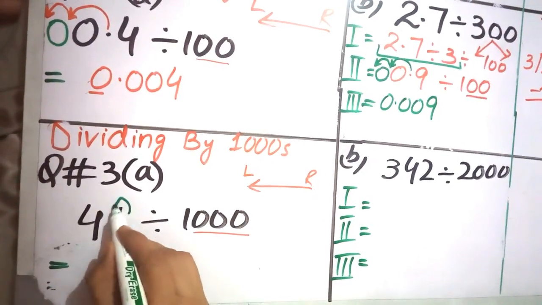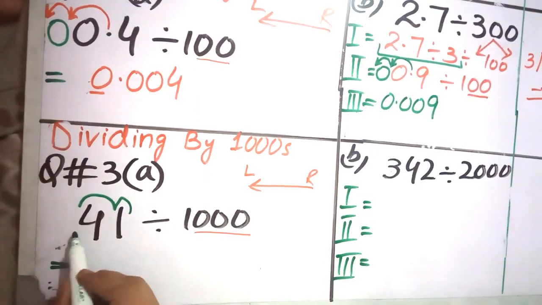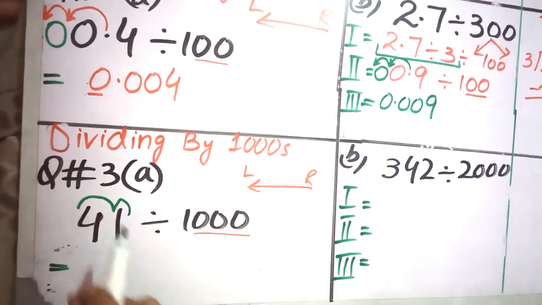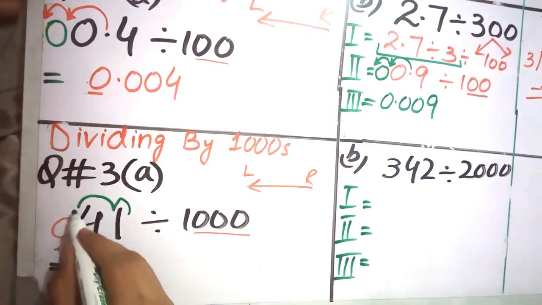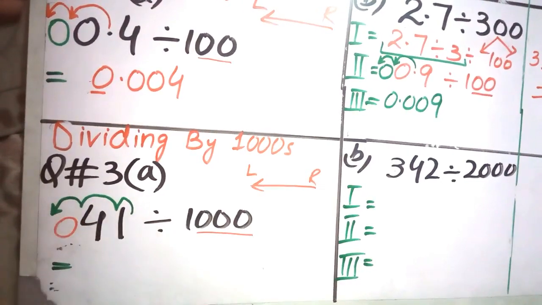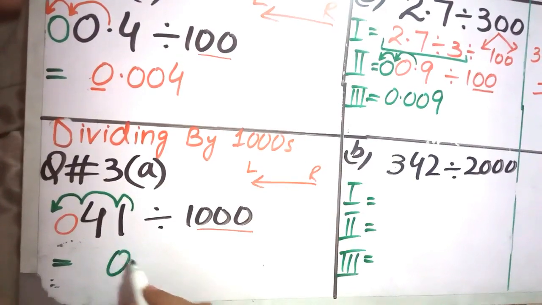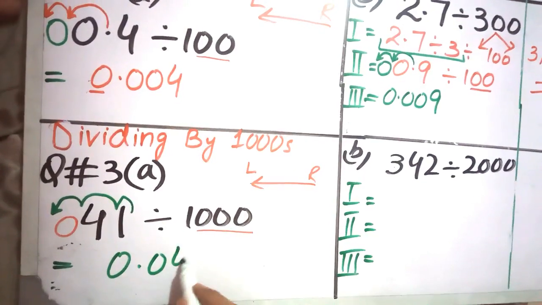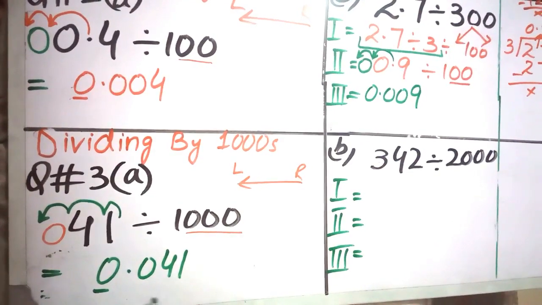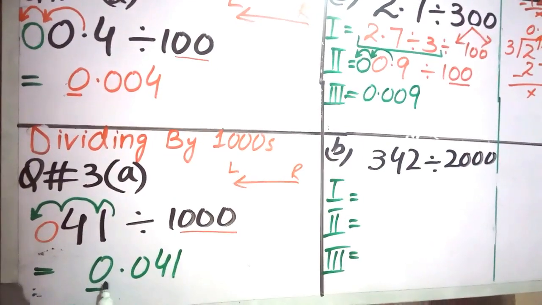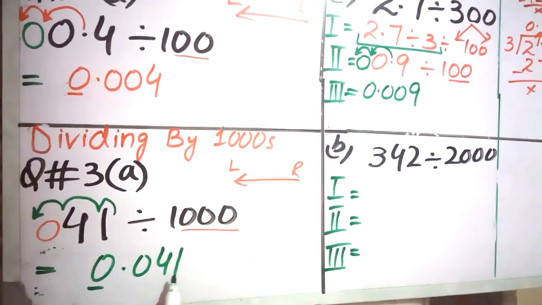See, 1, 2, but one digit is missing. We will put an extra 0 to shift the point three times. Now we'll get 0.041. It has an extra 0 to balance the number.